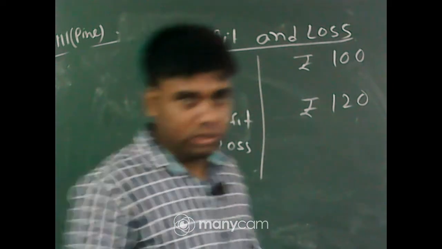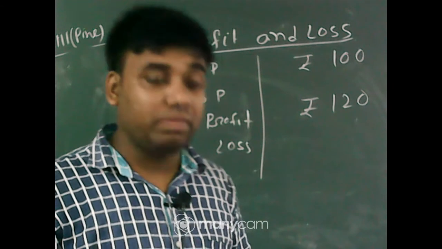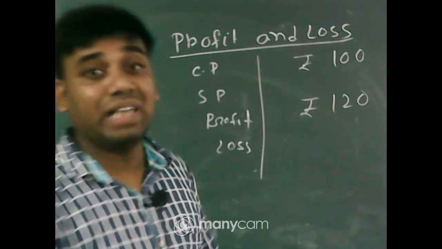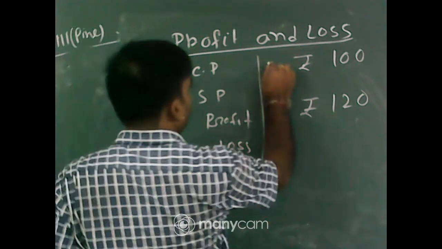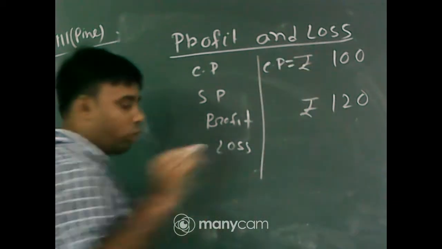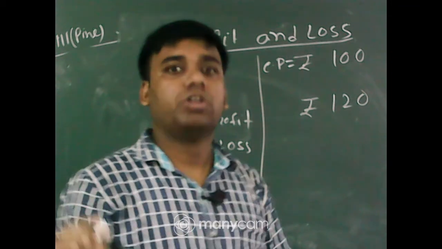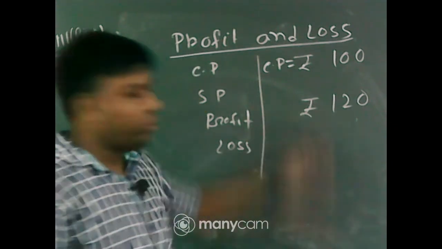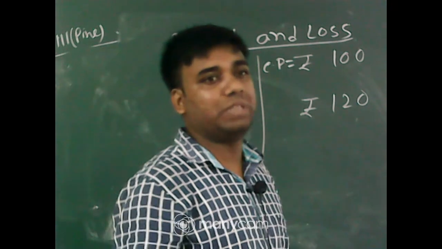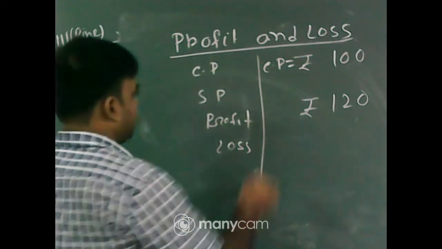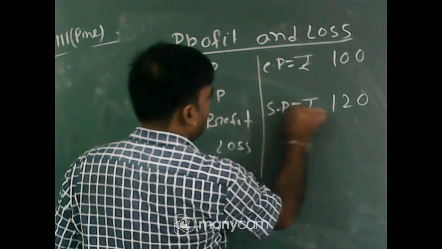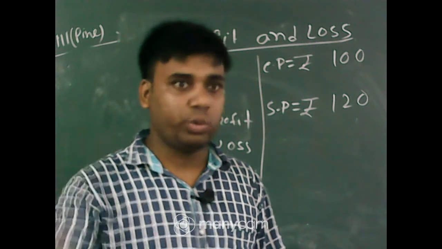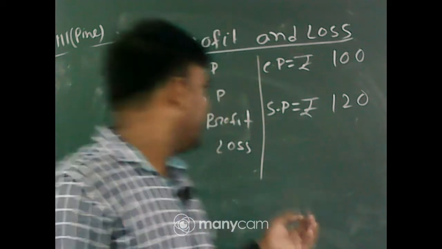First of all, he bought the pen for rupees 100, that is the cost price. CP is the short form of cost price. Next, the selling price: he sold to the customer for rupees 120. That is the selling price. Cost price is 100 and selling price is 120.